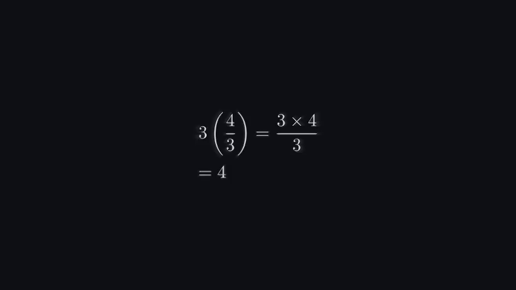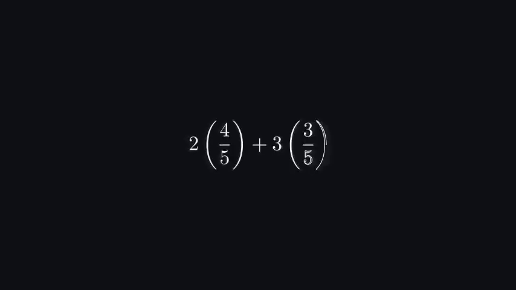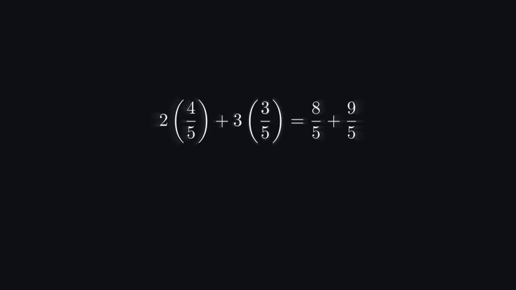Now simplify the denominator. 2 times 4 over 5 is 8 over 5, and 3 times 3 over 5 is 9 over 5. Since the denominators are the same, we add the numerators to get 17 over 5.